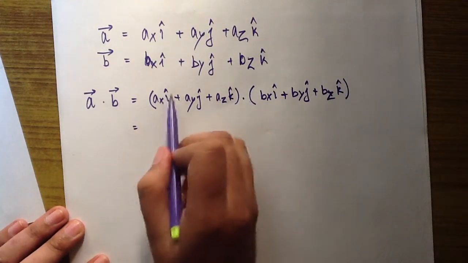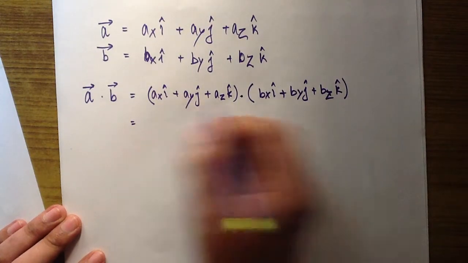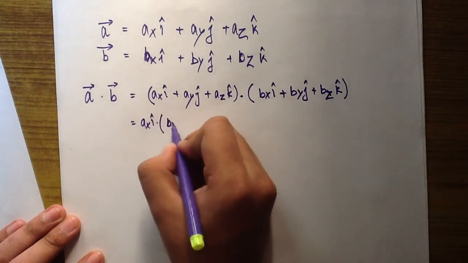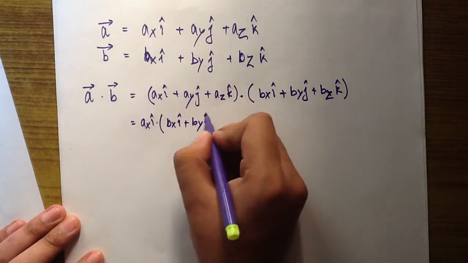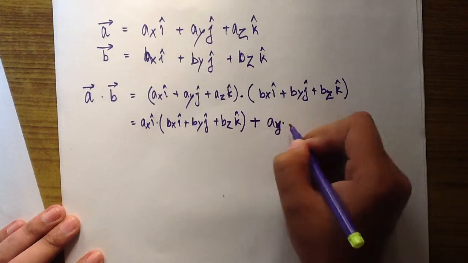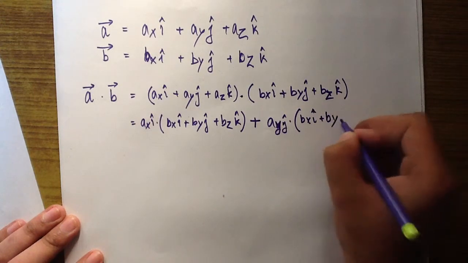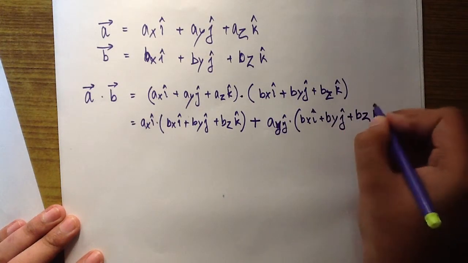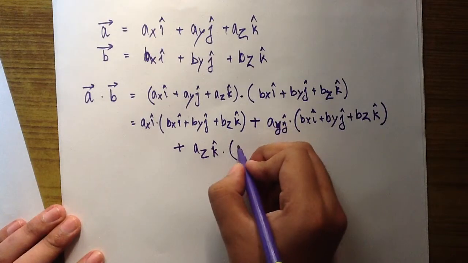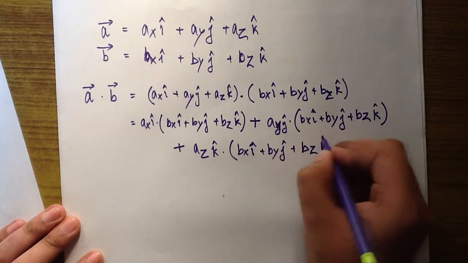And when we use the distributive property over the dot product, we actually get ax i cap dot (bx i cap plus by j cap plus bz k cap), plus ay j cap dot (bx i cap plus by j cap plus bz k cap), plus az k cap dot (bx i cap plus by j cap plus bz k cap).